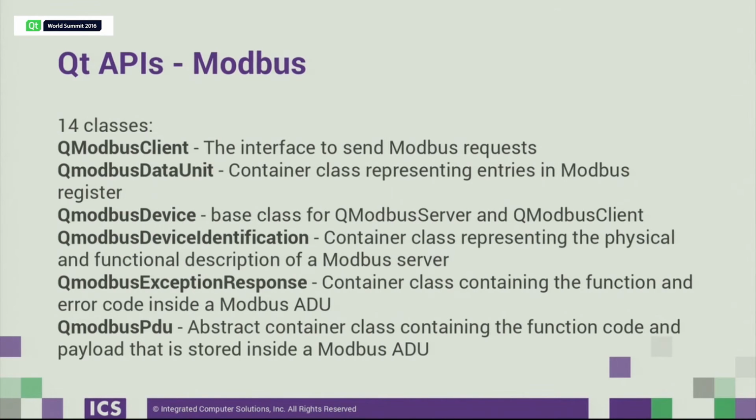For Modbus, it's a little more complex type of bus. There's 14 classes provided. And I'll show a diagram later, but this supports both the client and server side as well as the serial and the Ethernet flavors.